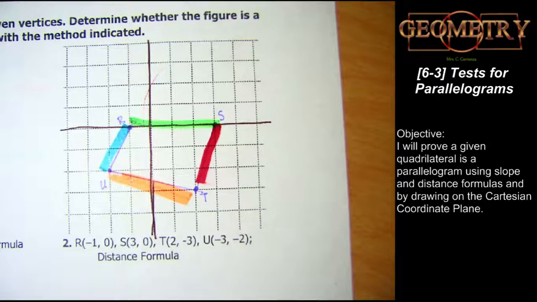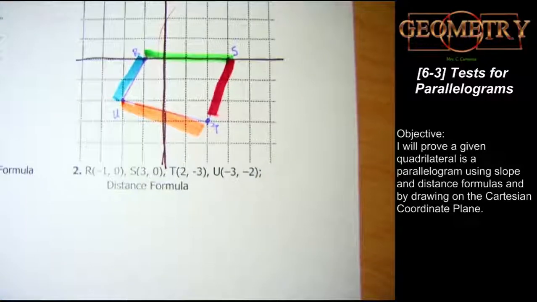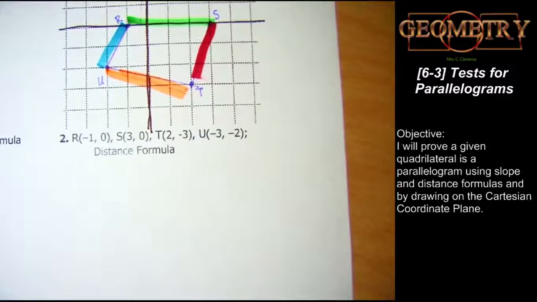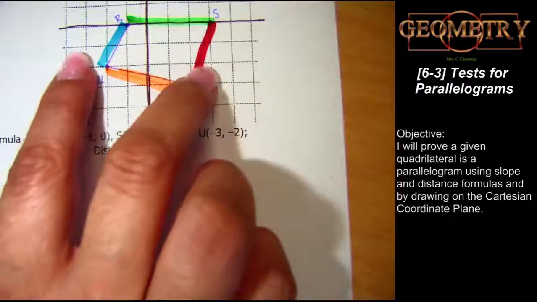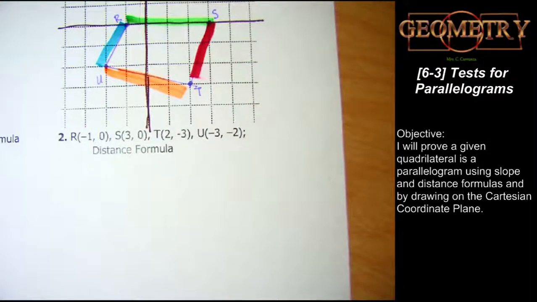So you get to pick which pair of opposite sides would you like to see checked on, the blue and the red or the green and the orange. The top and the bottom, so the green and the orange? Okay.